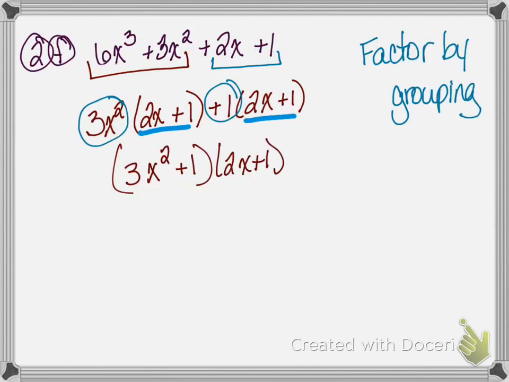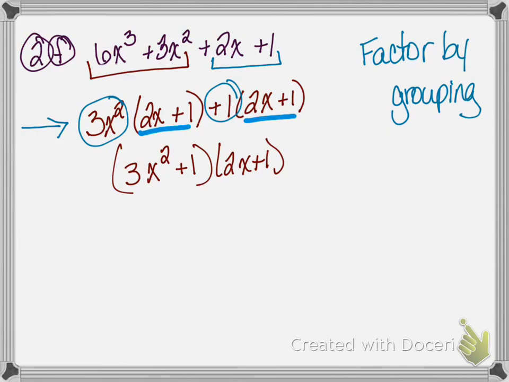Okay, so what happened on problems A and B on your review is those are already at this step right here. So don't start distributing and stuff like that. You are factoring. You are working backwards. You are wanting to try and find the binomials that you multiply together to get that.